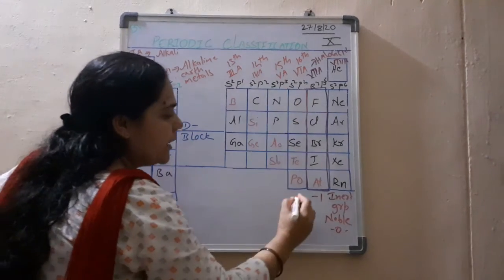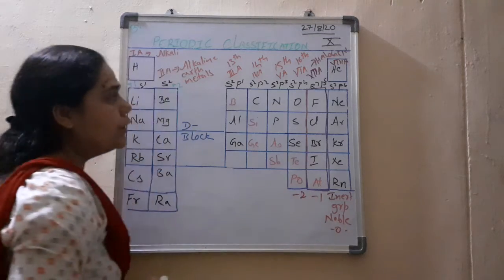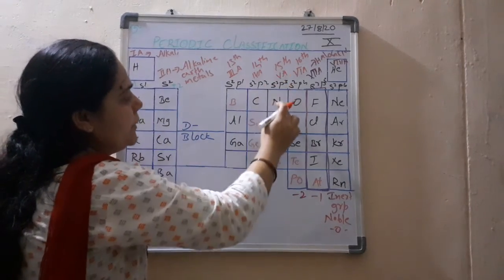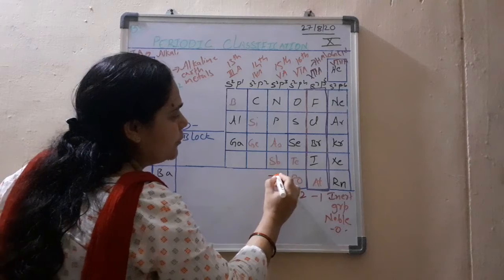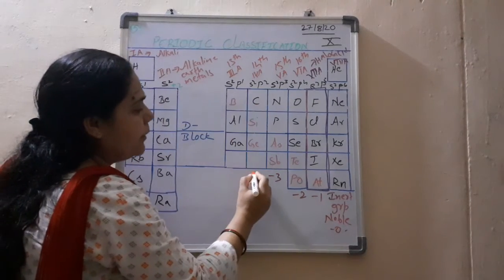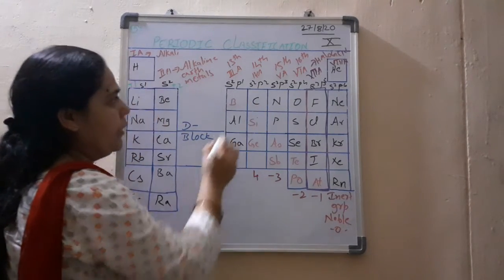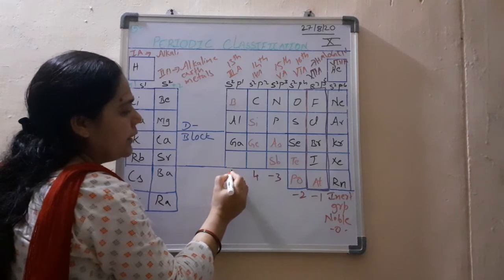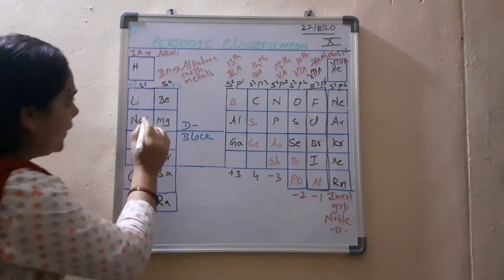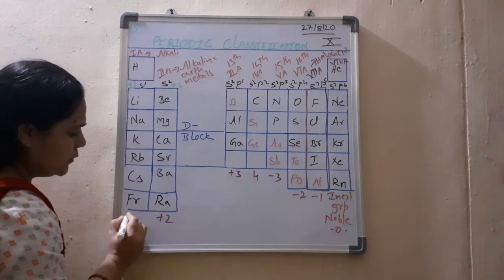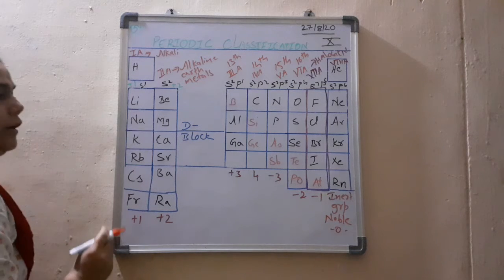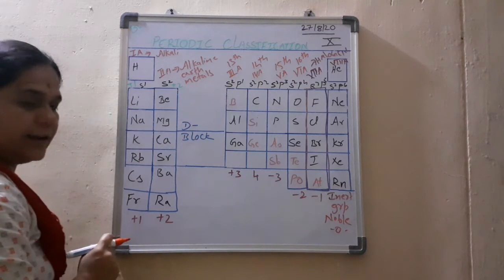Similarly, 6th group, their valency is -2. Then come over here, nitrogen, it is going to be -3. Carbon, it is going to be 4. Then boron is +3. Then if I come to this one, it is +2 and +1. Now observe, children, what has happened to the valency.